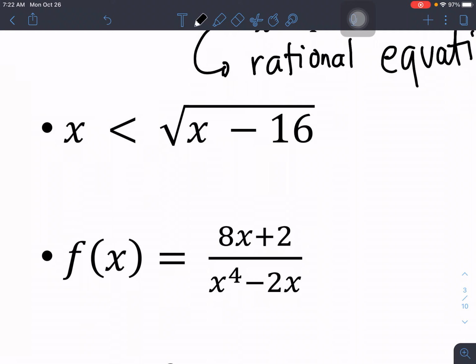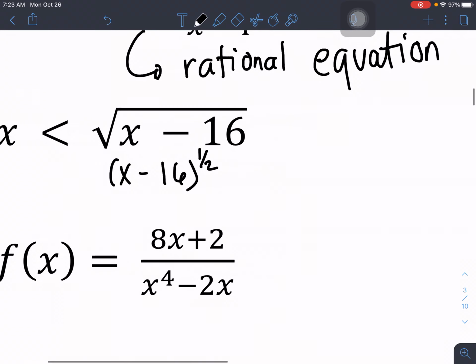Even though this one exhibits an inequality sign, we cannot consider this a rational inequality because the exponent of our expression here is not an integer. If it is not an integer, then it is not a polynomial, then it is not rational.